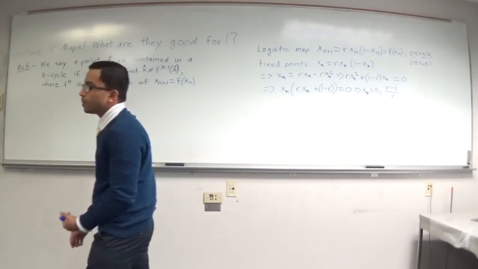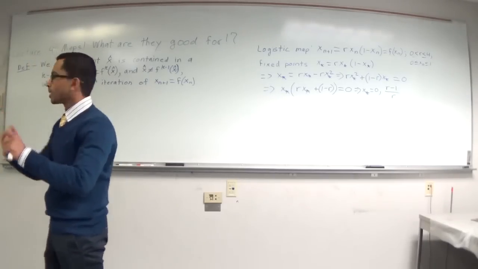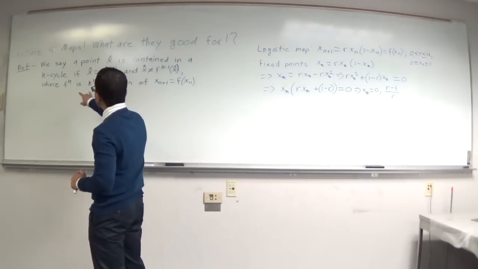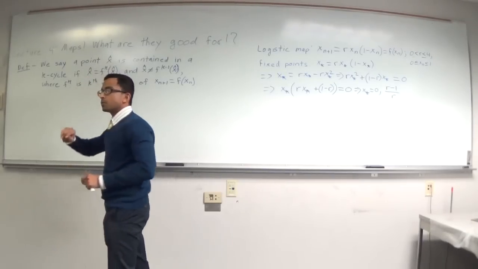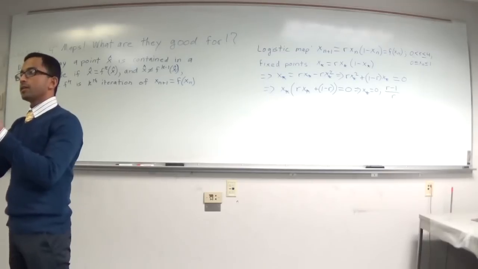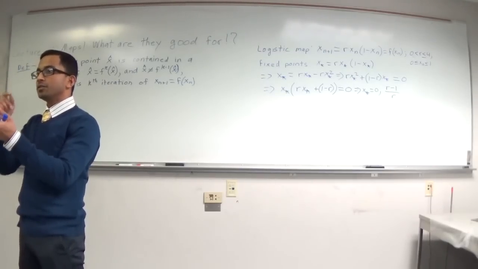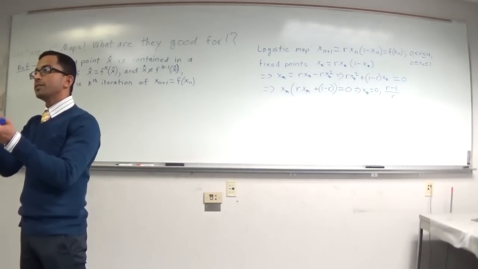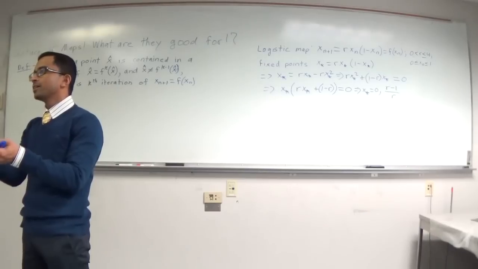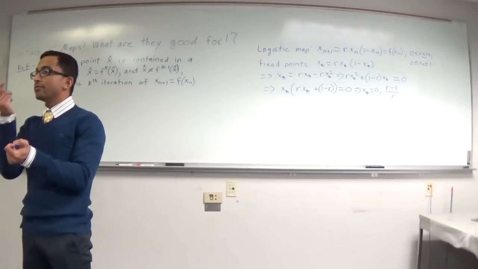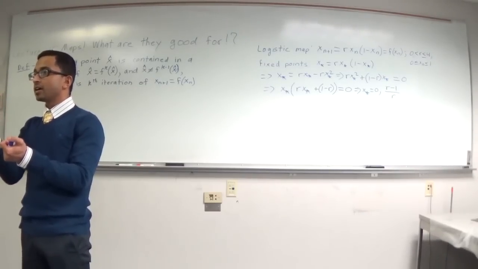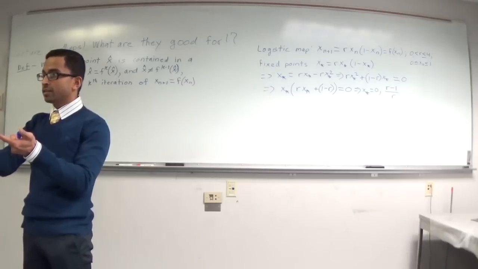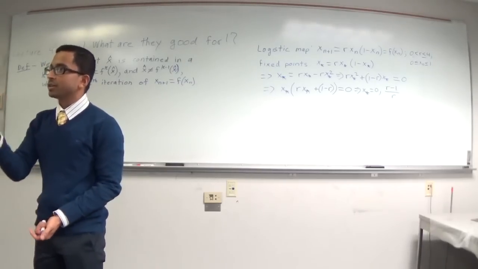So basically, let's think of 2 cycles. If we want a 2 cycle, then we want all the points within this 2 cycle, so it bounces back and forth amongst each other, but that also happens with a fixed point, right? If we have a fixed point, we have 1 point where it just stays there, but we can think of it as bouncing back to itself. So we don't want to call a fixed point a 2 cycle.